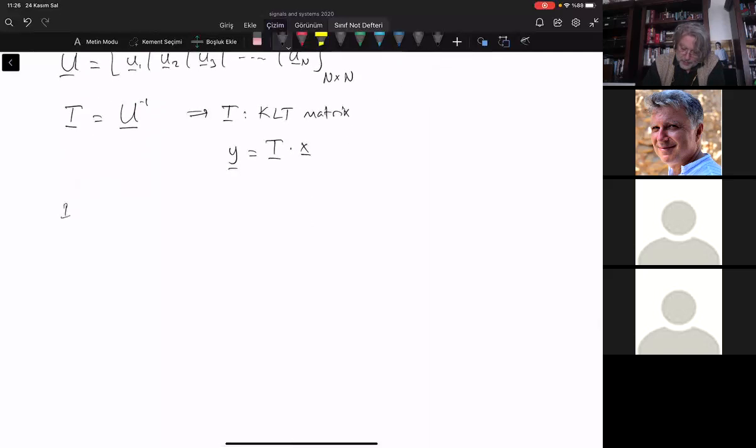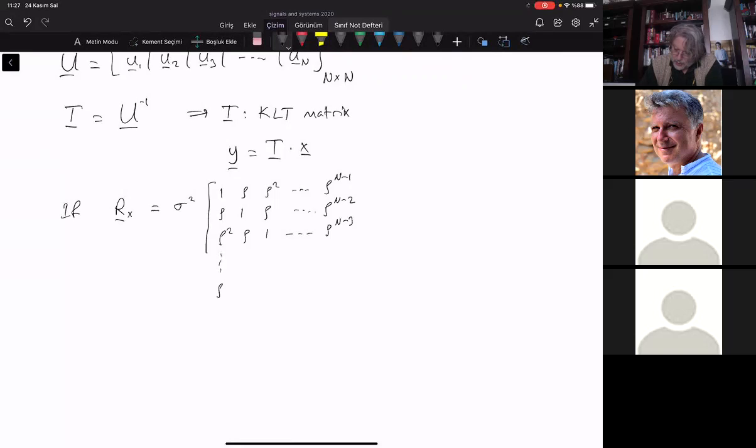If the autocorrelation is like this: variance, 1, rho, rho squared, up to rho to the n minus 1; and rho, 1, rho, all the way up to rho to the n minus 2; rho squared, rho, 1, all the way up to rho to the n minus 3.